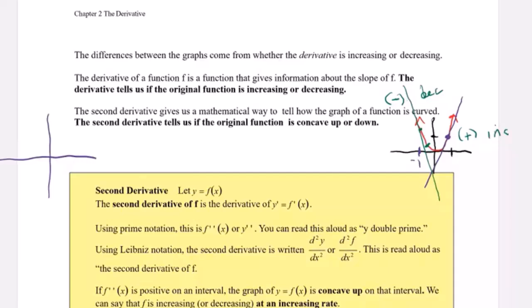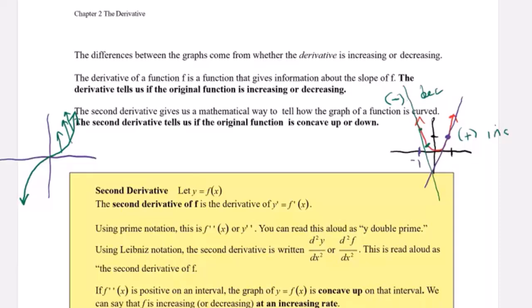Let's do x to the third. Okay. Well, if I start at 0 and I go to the right, this definitely looks like it's opening up, right? Everything's pointing to this opening up.